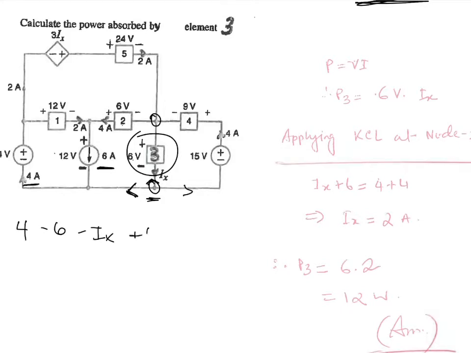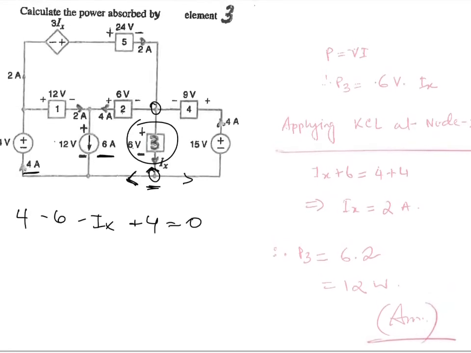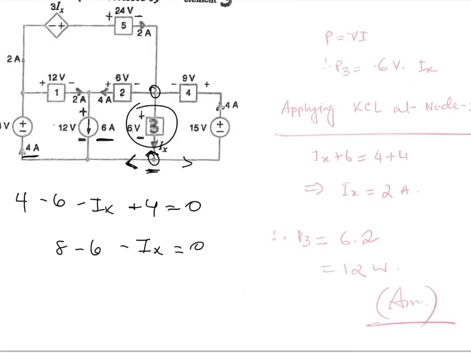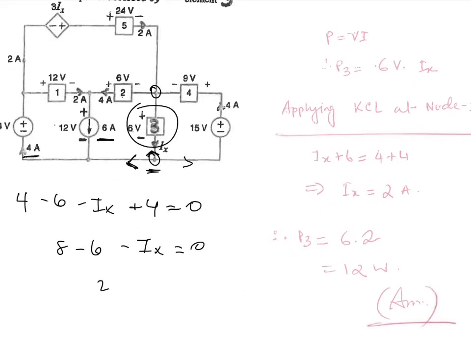This branch here flowing out is 4, set that equal to 0. And then here we have 8 minus 6 minus Ix equal 0, and this is going to be 2 minus Ix equals 0, and Ix equals 2.